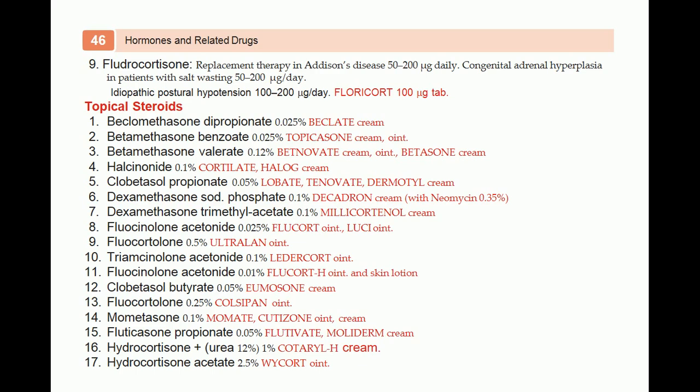The topical steroids: dexamethasone dipropionate, which is available at 0.025% as Beclate cream. This is the trade name, and dexamethasone dipropionate is the chemical name.